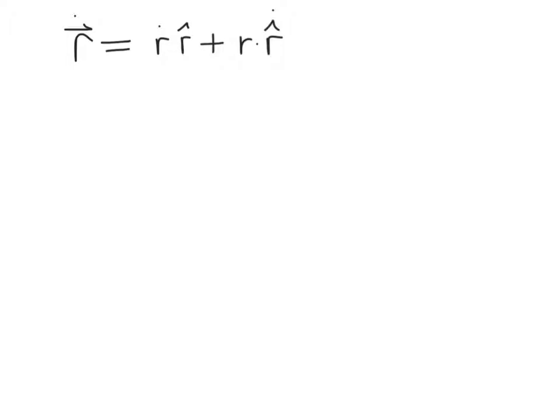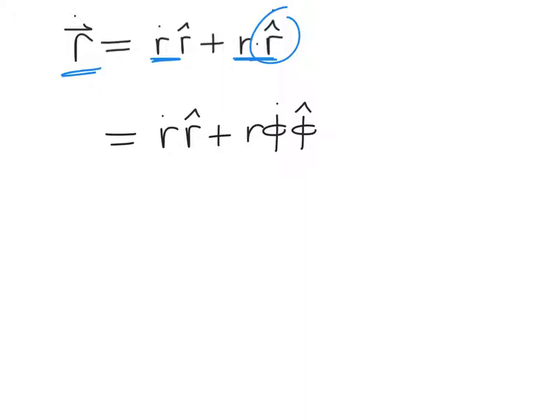And if you remember, when we were writing our velocity vector, the time derivative of our vector, that is r dot times r hat plus r times r hat dot. Well, we just worked out r hat dot, and so now we have for our velocity vector r dot r hat plus r phi dot phi hat.